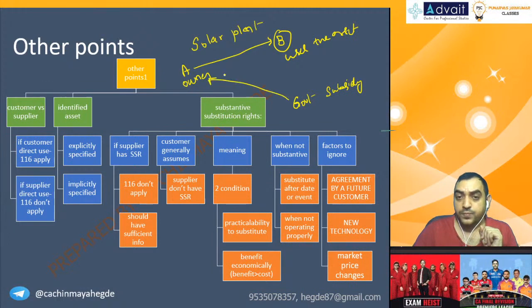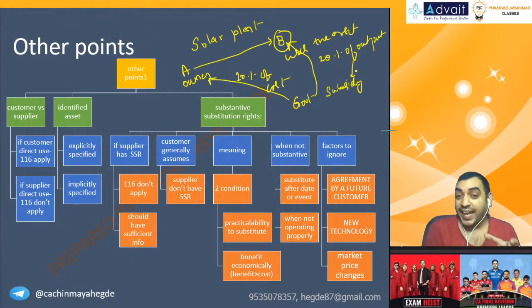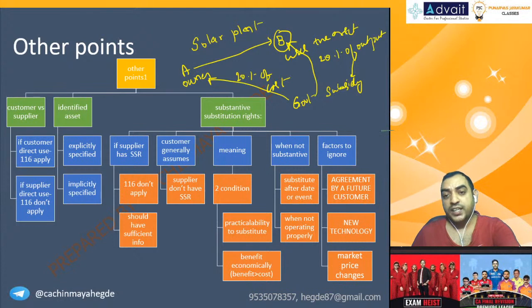For the owner, 20% of the cost will be given as subsidy, and to B, for whatever output is produced, 20% of the output will be given as subsidy. So A is getting one benefit, B is getting one benefit.